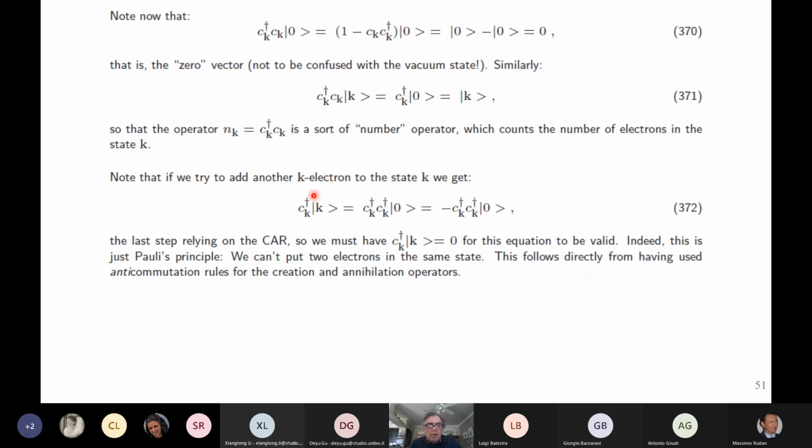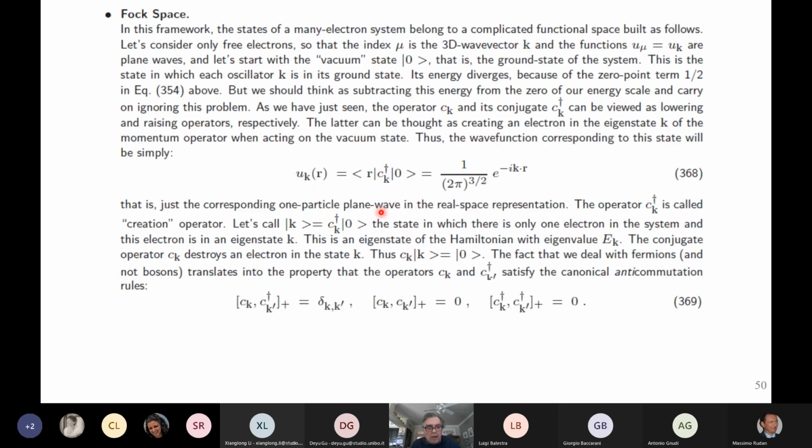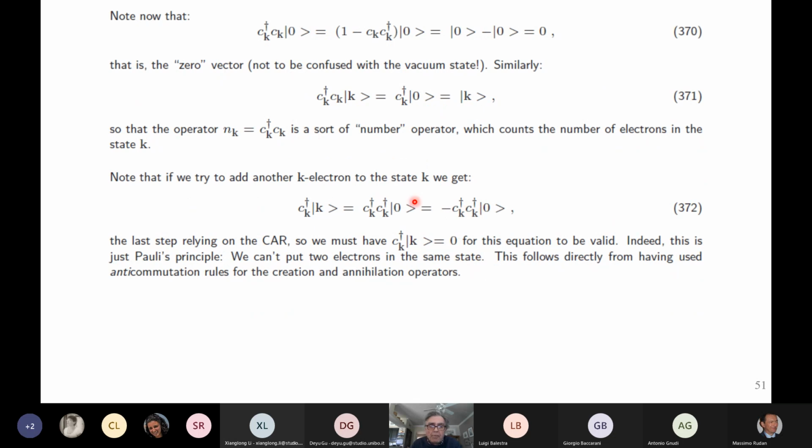Notice that, and that's the important part, this is where Pauli's exclusion principle comes from. Suppose that I consider the state in which I have 1 electron in a K state, which means that I have taken the ground state and I've applied a C dagger. If I apply C dagger to this state, so I try and put another electron in a state K, because of the fact that C dagger K and C dagger K anti-commute, C dagger K C dagger K is equal to minus C dagger K C dagger K, which means it has to be equal to 0.